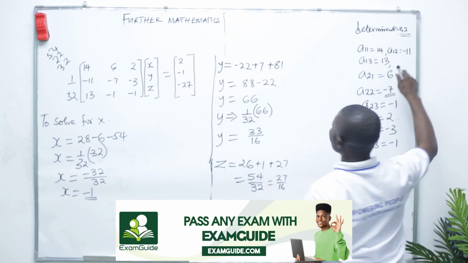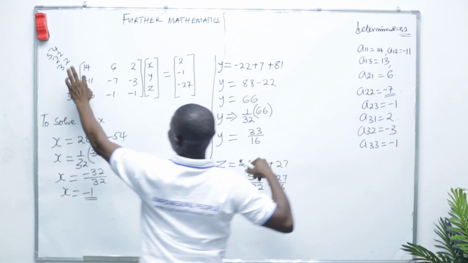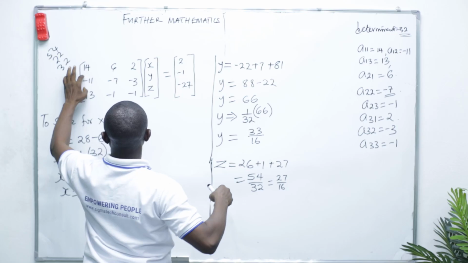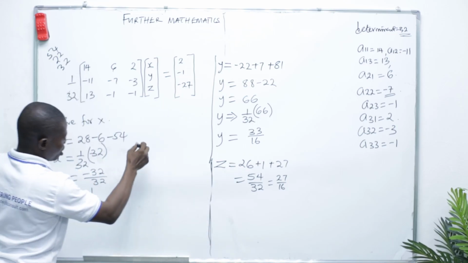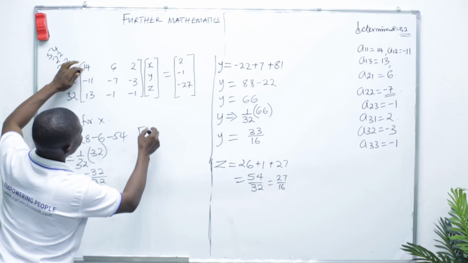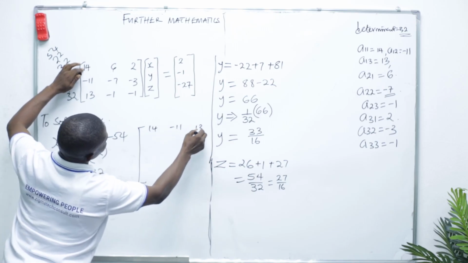Let's check this column for our cofactor. If I replace this, this is 14, minus 11, then 13.